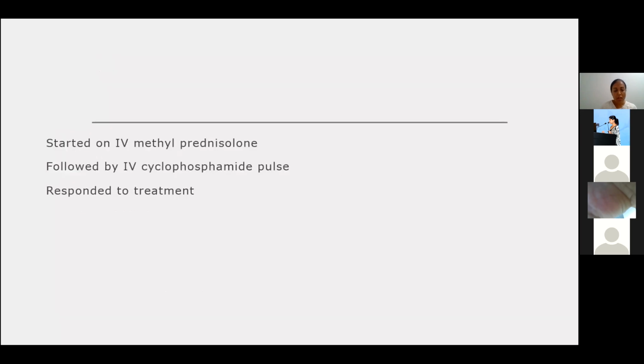So she was diagnosed with SLE, because she fulfilled all the criteria as well, and she was started on IV methylprednisolone followed by IV cyclophosphamide pulse according to a Euro-Lupus regime, and she responded well to treatment.